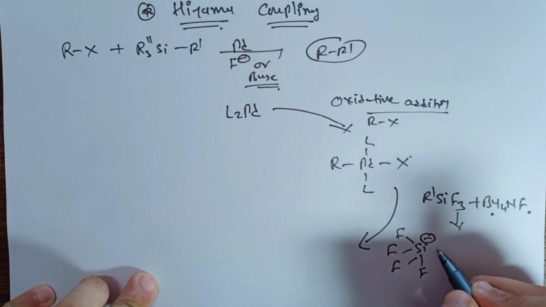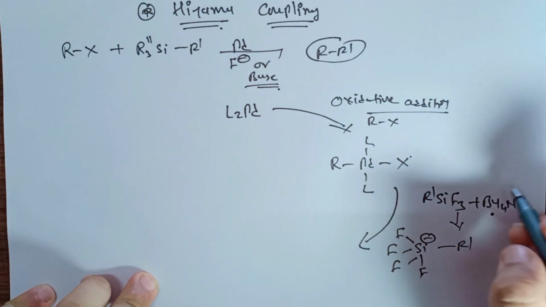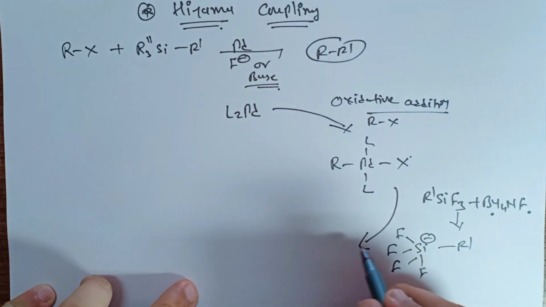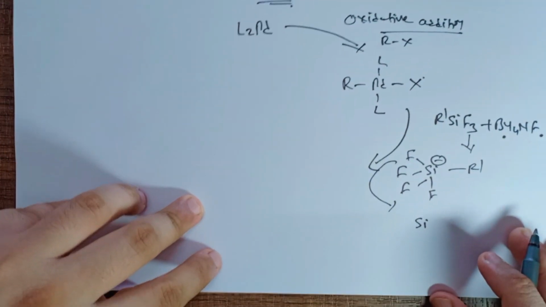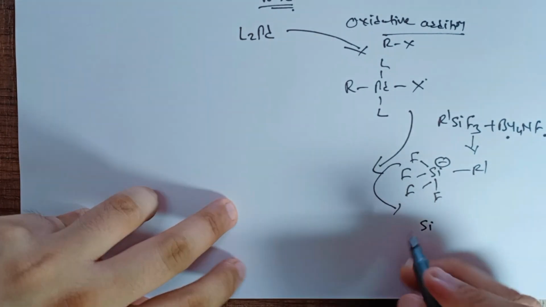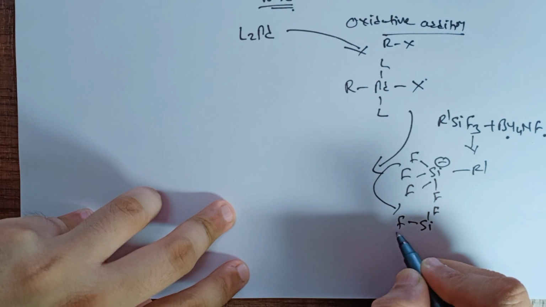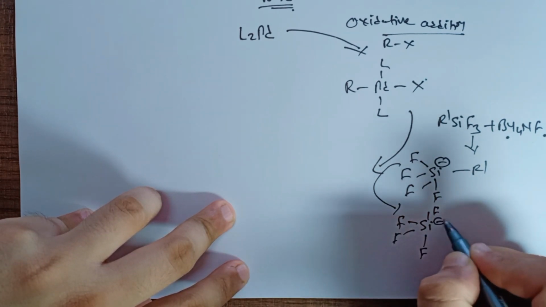Now this is having a negative charge because of this fluorine group. Here we are having the R dash group. Now this R dash group, when it is reacted with this tetrabutyl ammonium fluoride, will be converted into this type of molecule, that is a silicon derivative over here. Here we have fluorine, fluorine, and here also fluorine, with a negative charge.